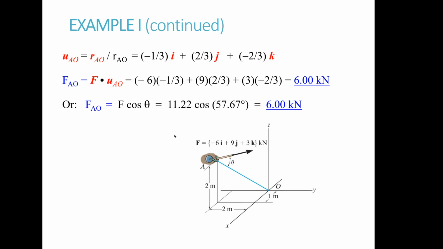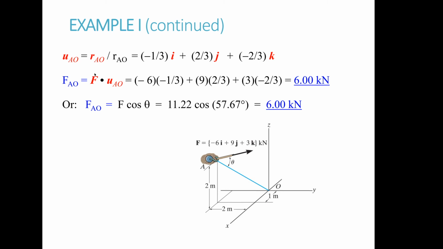Continuing on, we need to find this vector in the direction of AO. The way you could do that is to recognize that this vector RAO is equal to UAO, which is its direction, times this RAO.